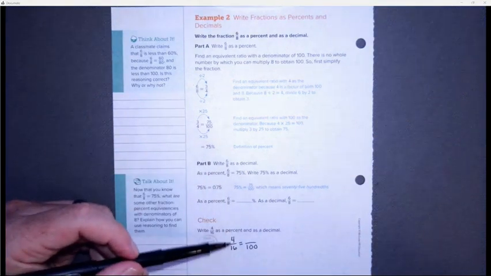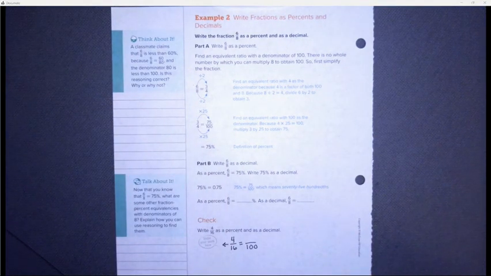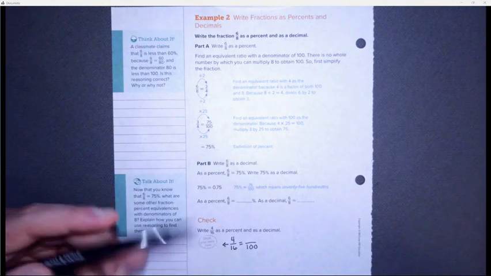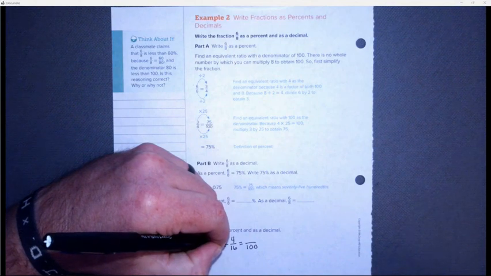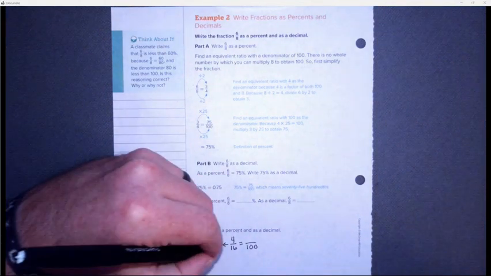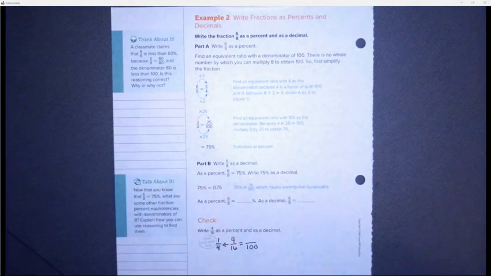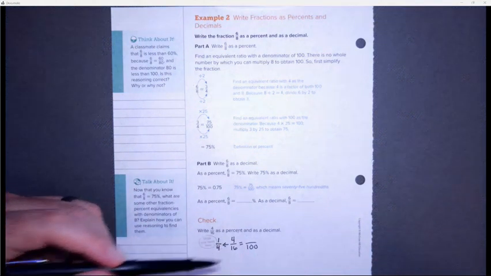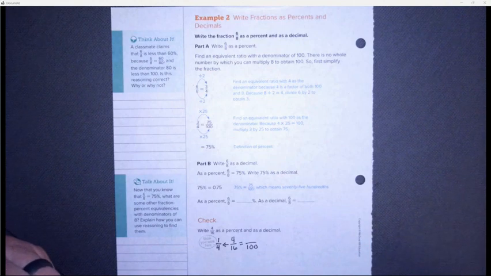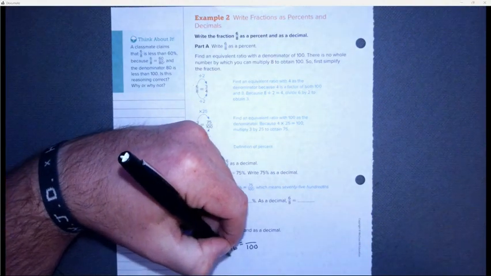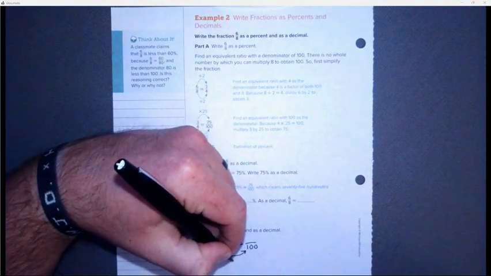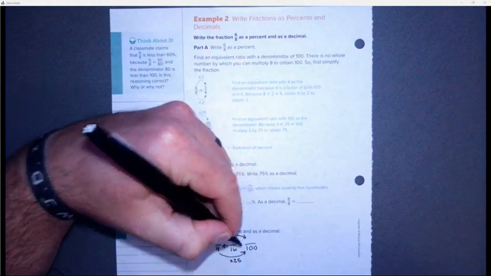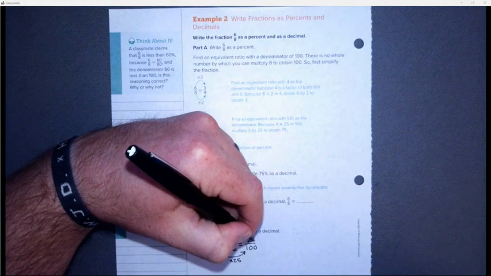I'm going to look at 4 and 16 and decide what I can divide them both by, and I know that 4 is a factor for both, so 4 divided by 4 is 1, and 16 divided by 4 is 4. Now that I've done that, I have 1/4, which is equivalent to 4/16, and I can move forward to find my percent. 4 times 25 is 100, so 1 times 25 is 25.